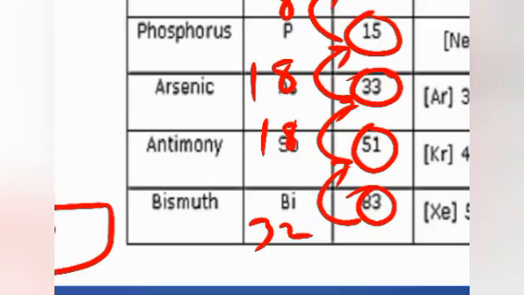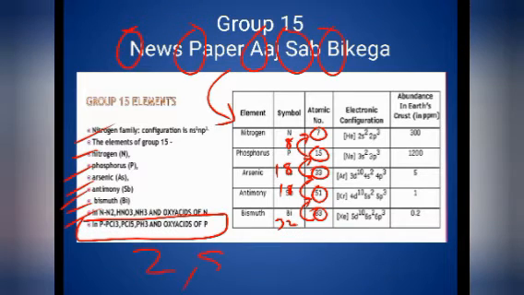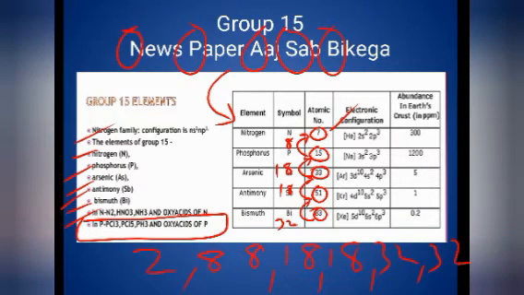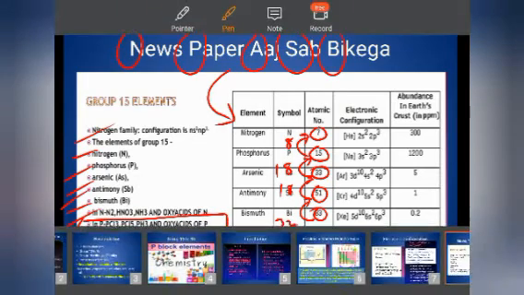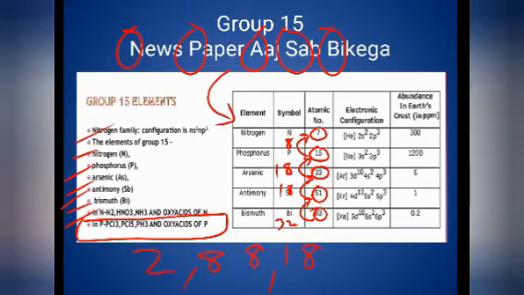So it means that it is somewhere giving information about Bohr's magic numbers, that is 2, 8, 8, 18, 18, 32, 32. So, dear students, if you know the atomic number of nitrogen, the first member of the family, you just keep on adding 8, 18, 18 and 32, and you will get the atomic numbers of the next ones also.